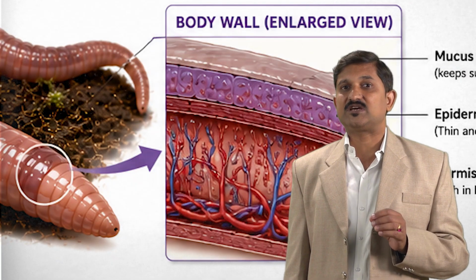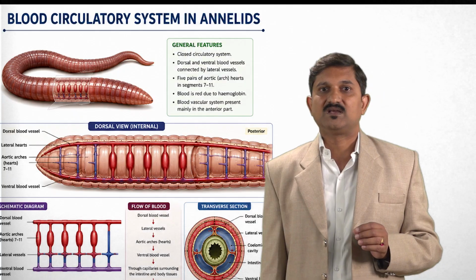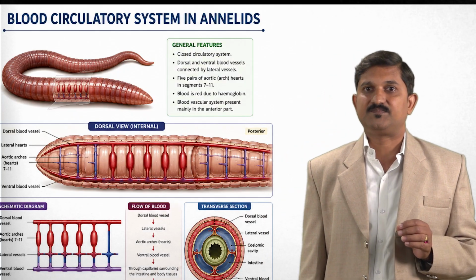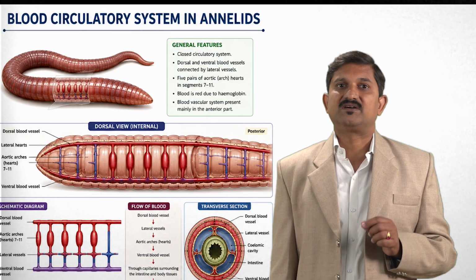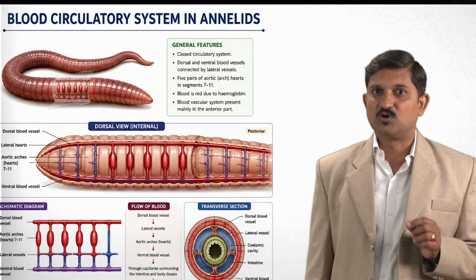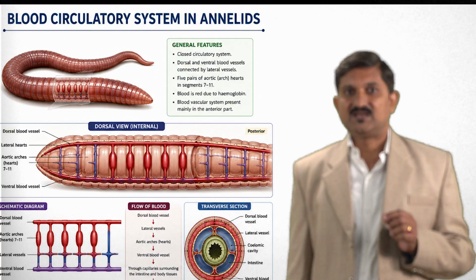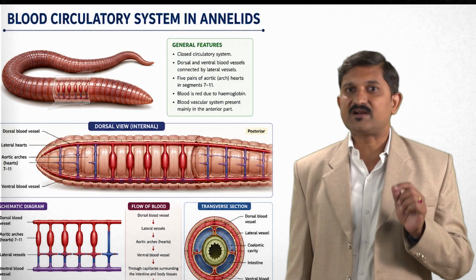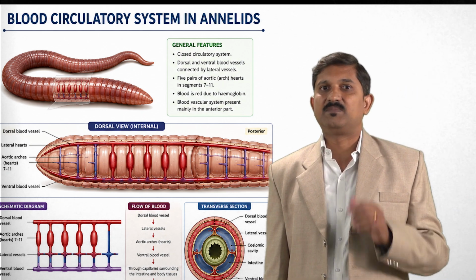The blood circulatory system or blood vascular system is of closed type, and the blood is red due to presence of respiratory pigment, hemoglobin or erythrocruorin. These blood pigments or respiratory pigments are found dissolved in the blood plasma.